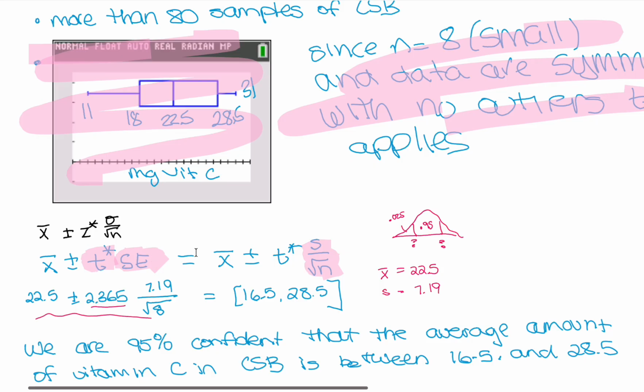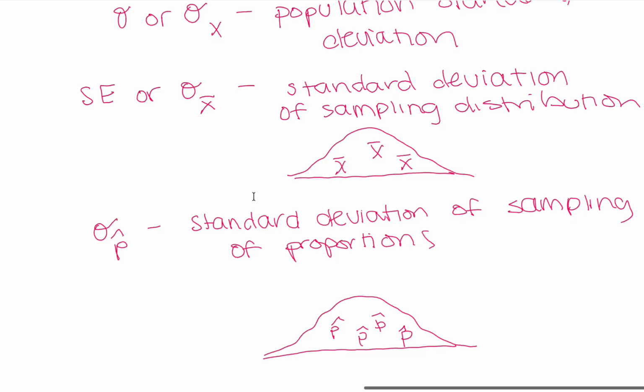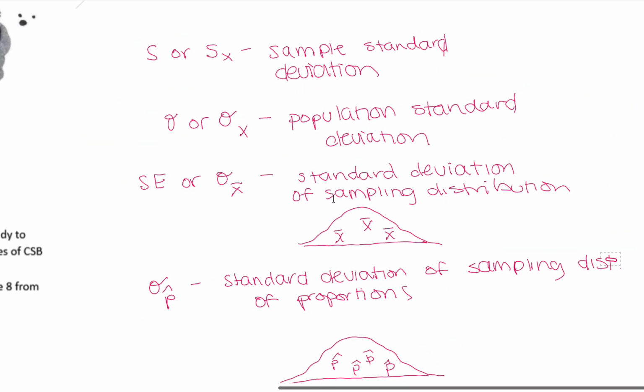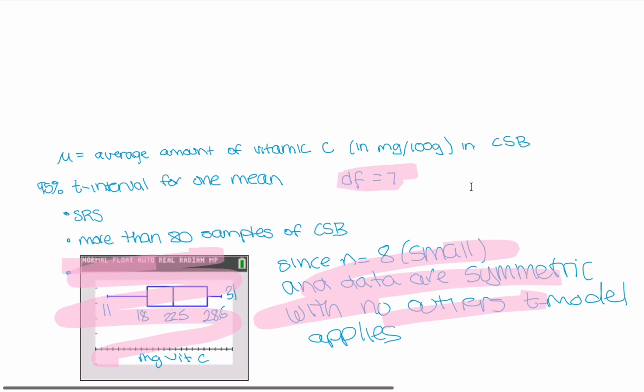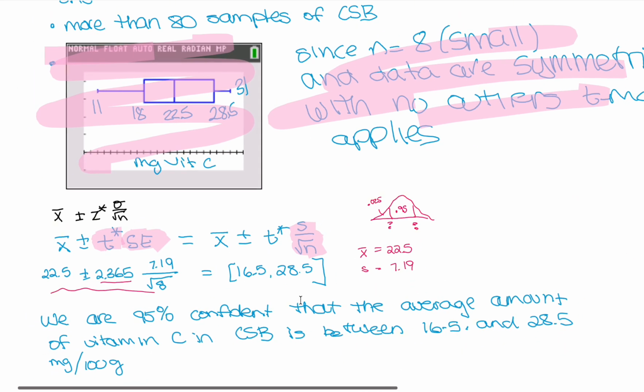Pretty similar: x bar plus or minus t star times s over the square root of n. And this is the standard error, which we just reviewed, the notations and the definitions for it. So that's what we want to use in the t-model to create our interval.